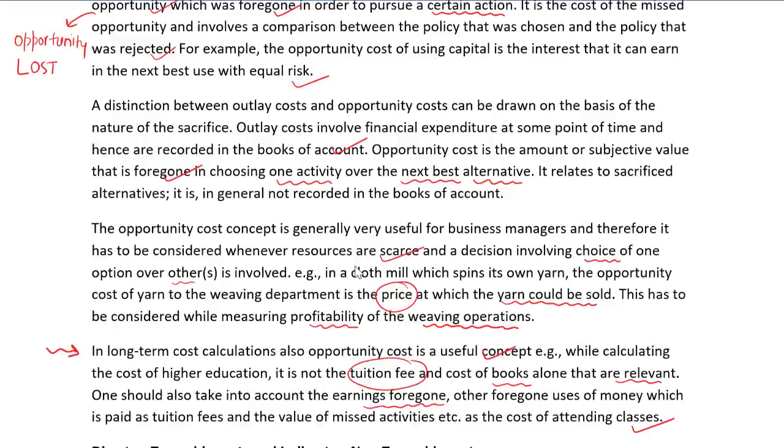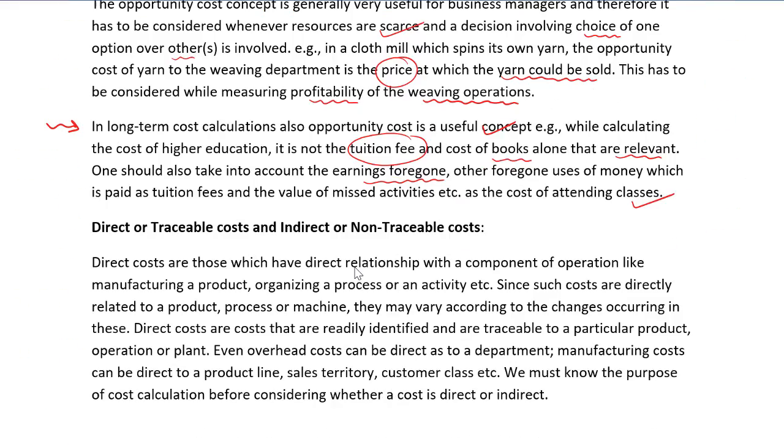So this was about opportunity cost. Just write one small example in relation to opportunity cost over here. A person quits his job and enters into business.